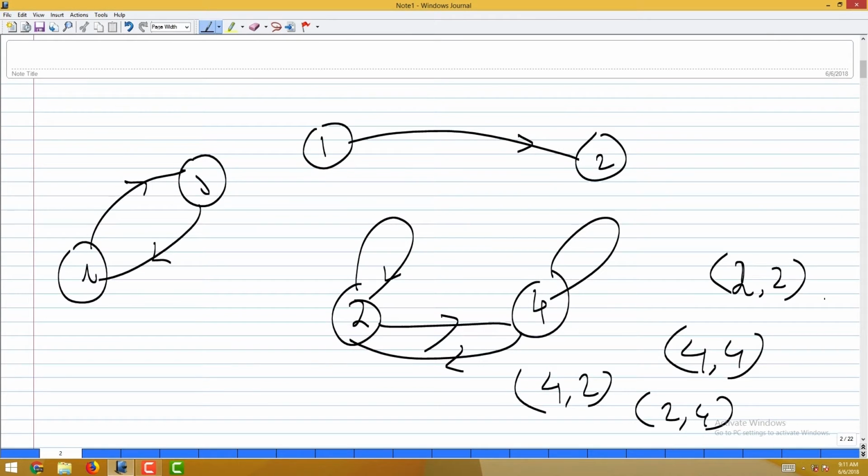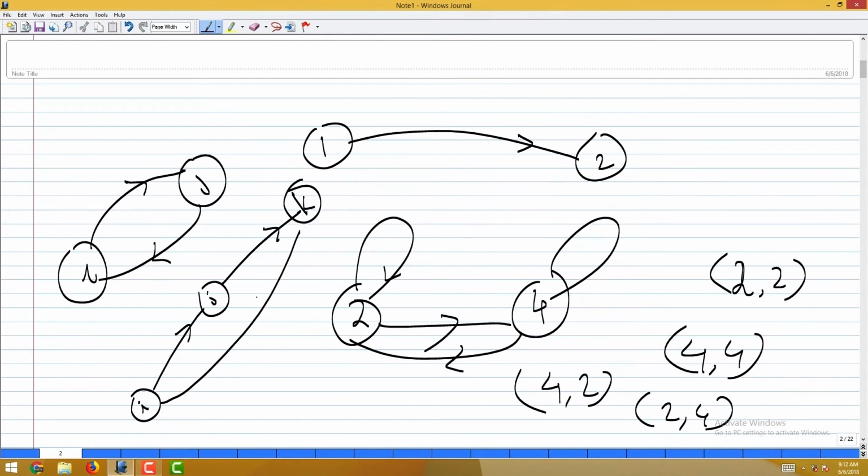That is the more meaningful or more non-trivial one, because it says: suppose I have an edge i to j, and j to k, then what should I have? I should have the edge from i to k.